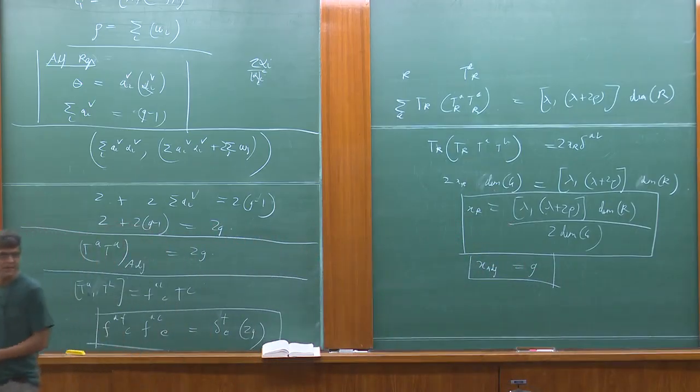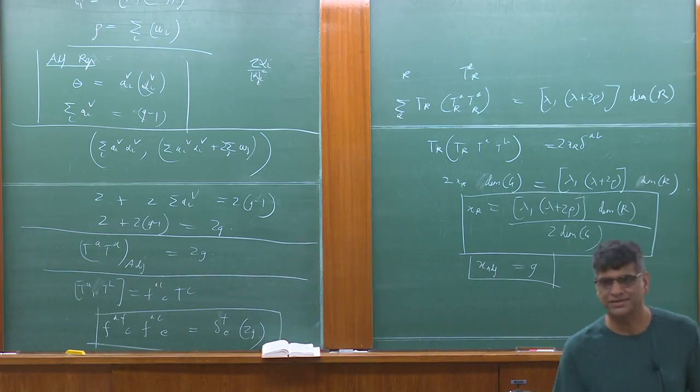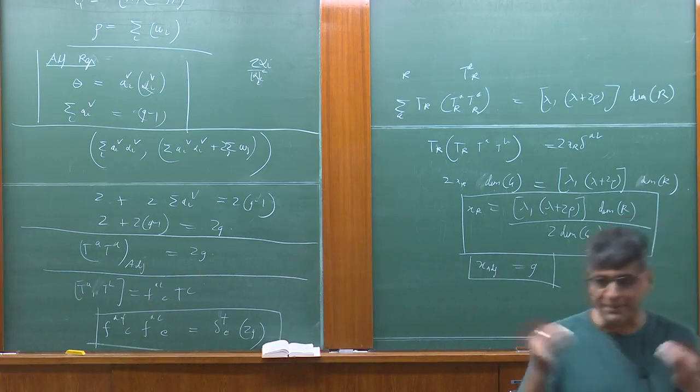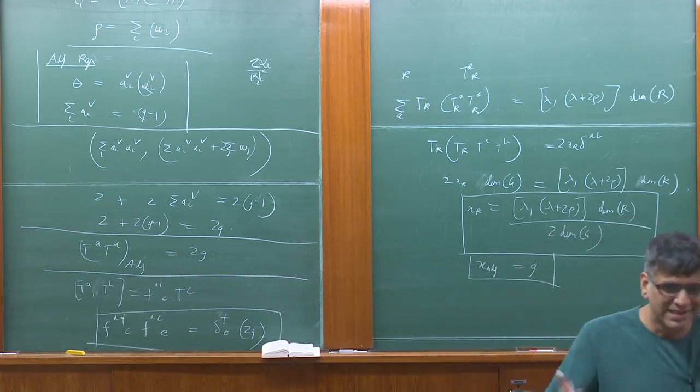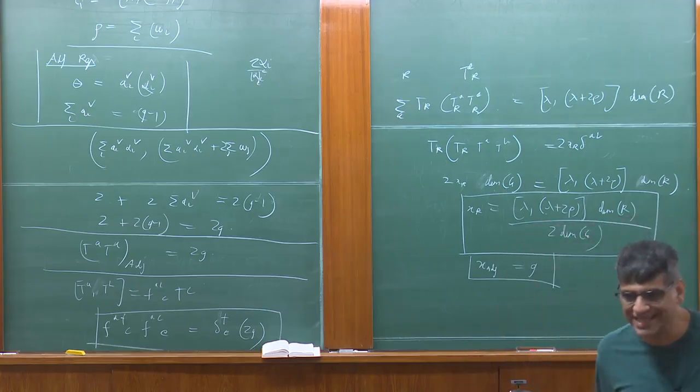Okay? So the index of a representation is an abstract characterization somehow of the size squares of representations.